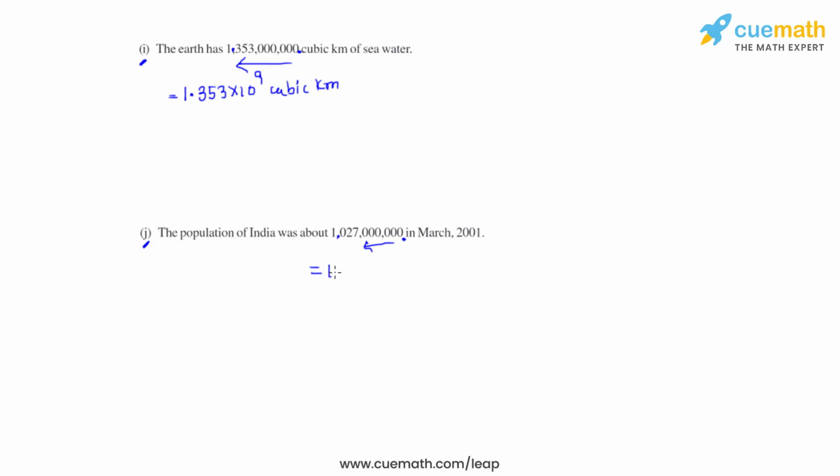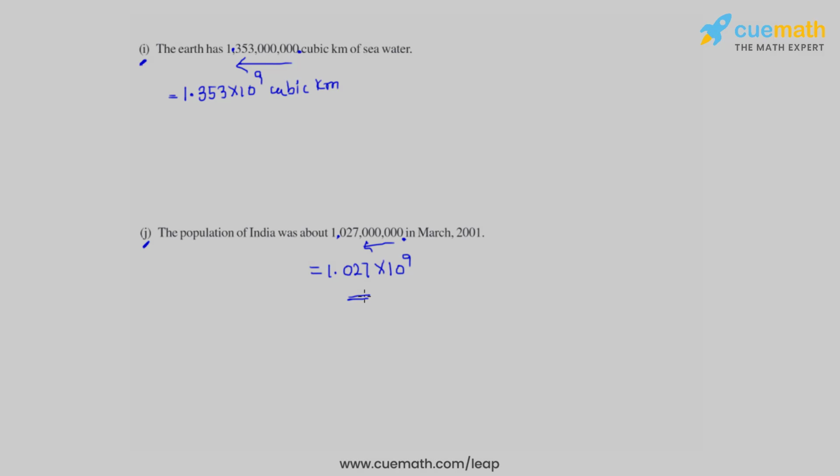So the answer will be 1.027 times 10 raised to 9. So this is the standard form of the population of India, which was there in the month of March in 2001. And this is how we can get any huge or large number into the standard form so that it becomes easier for us to compare, to read, and to understand how large is a certain number.